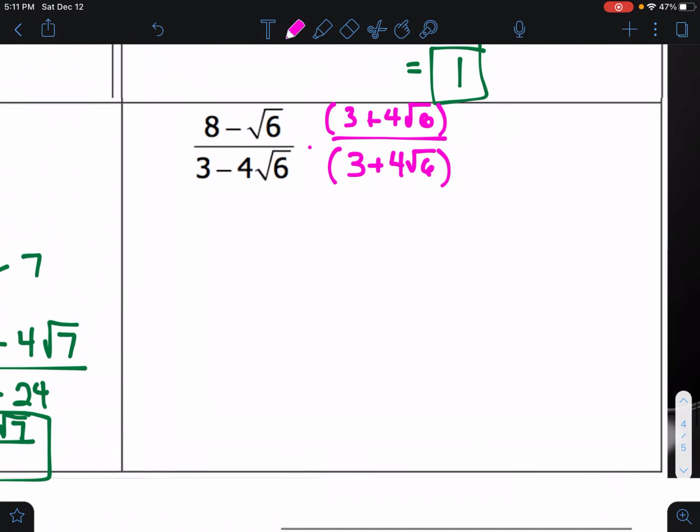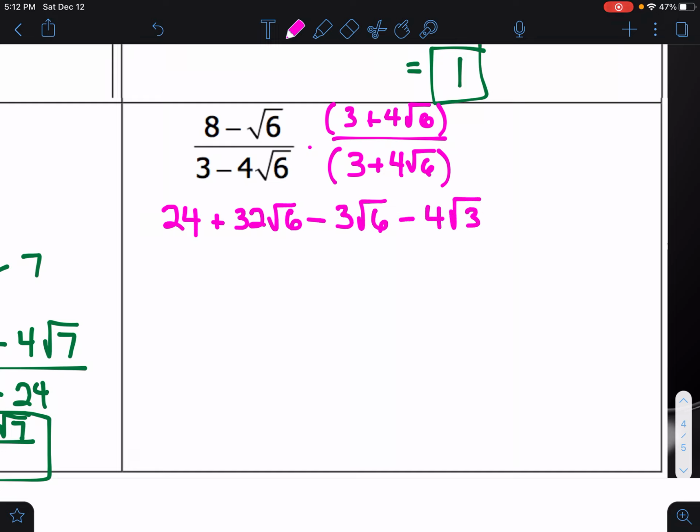So here we go. 24 plus 32 root 6 minus 3 root 6 minus 4 root 36. That would be the top.